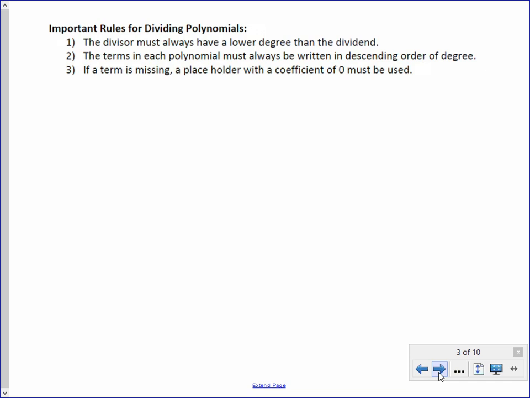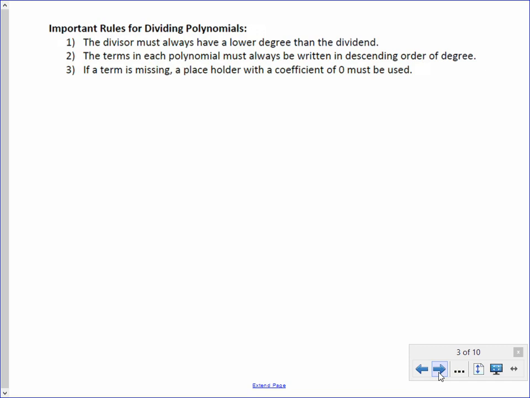Rule 2: the terms in each polynomial must always be written in descending order of degree. So if the polynomial you're given is not in the correct order of degree, which we've been trying to harp on since grade 9, put your polynomials in order of degree from highest to lowest. If it's not in that order, you need to rearrange before you do this.